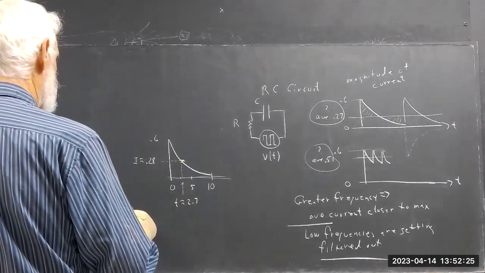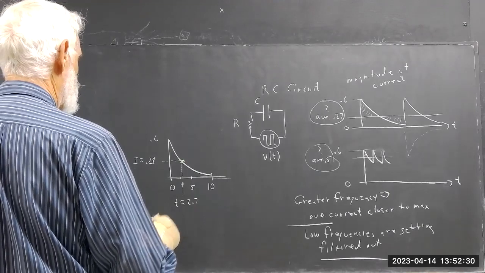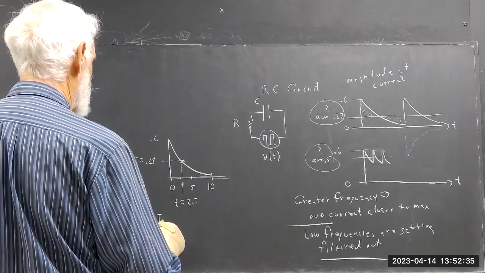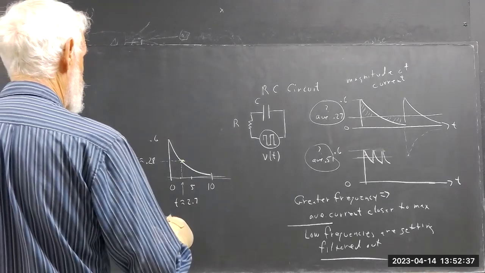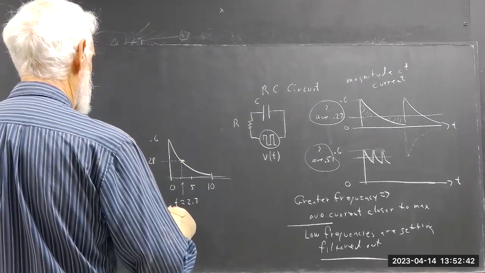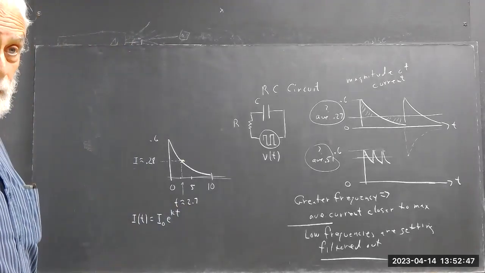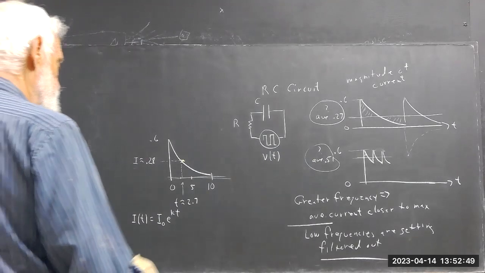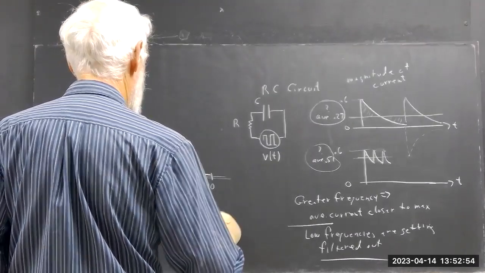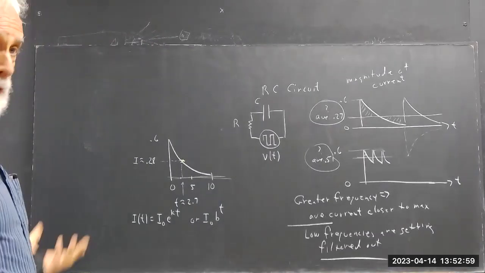We have current as a function of time is, we'll say, I naught e to the kt. One possibility, right? I naught b to the t.